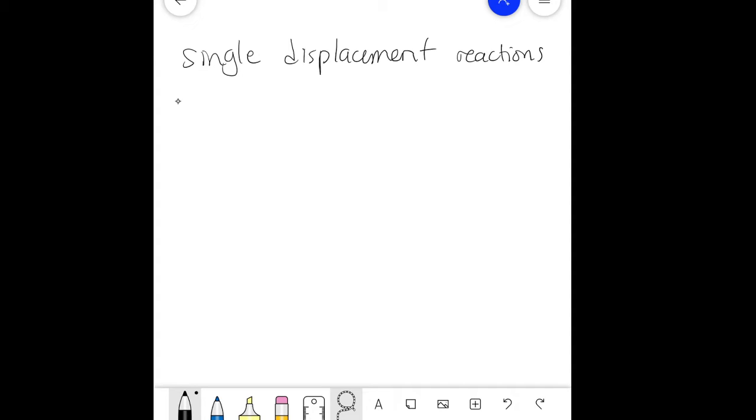Hello everyone, this video is about single displacement reactions, which are very similar to double displacement, except one element replaces another element that's already in a compound.